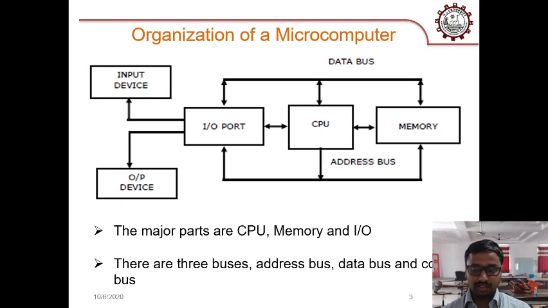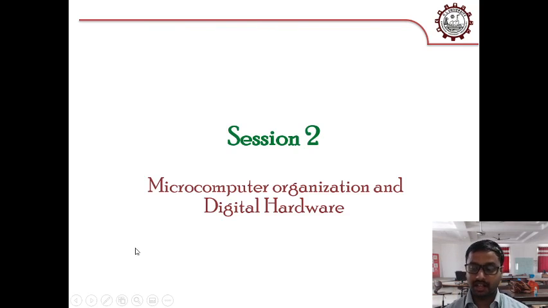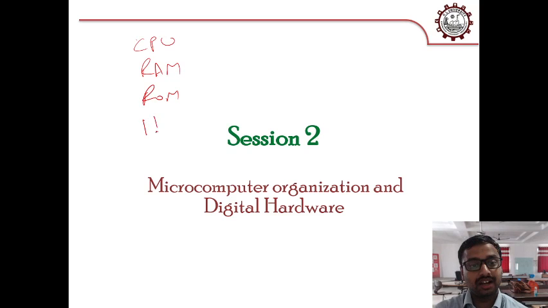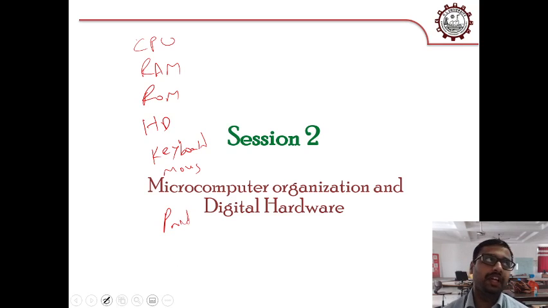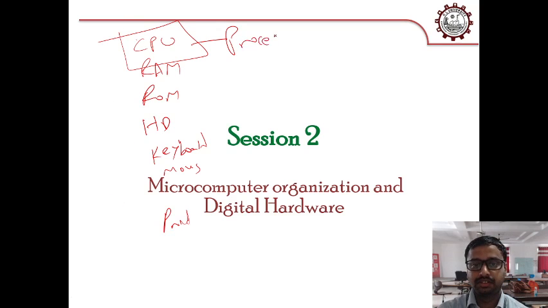If you look at the categories of the entire computer, or list down the components of your computer, there will be your CPU, your RAM, ROM, hard disk, keyboard, mouse, printers, etc. If I generalize all this, the CPU will fall under the processing elements.